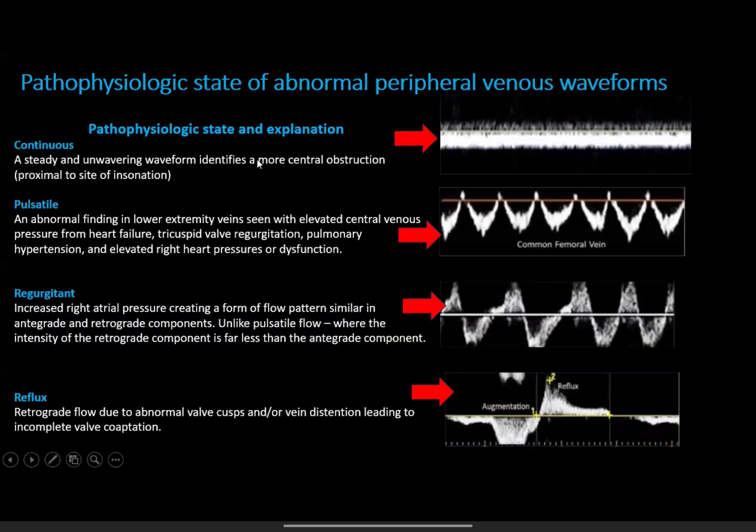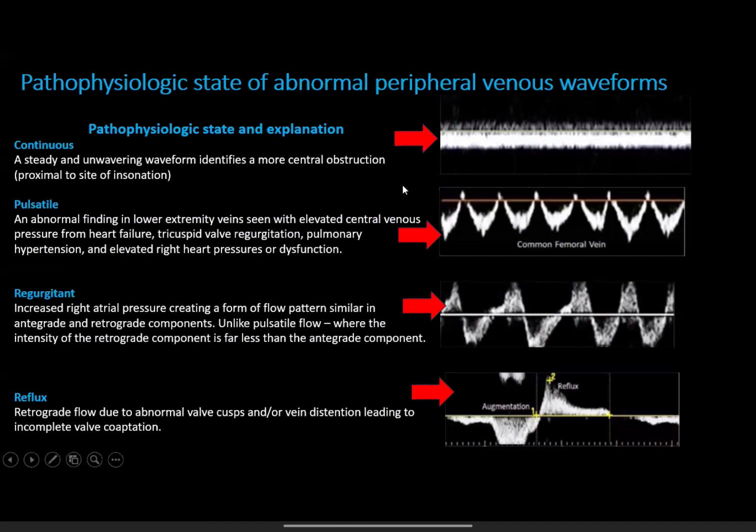Now, certain pathophysiological states with certain explanations. Continuous flow is seen with a steady velocity without any phasicity. It indicates more central obstruction proximal to the site of insonation or examination. Suppose we are examining the femoral vein and we see this type of spectrum, which means proximal to the femoral vein, that is in the iliac segment or in the IVC, there is some obstruction.